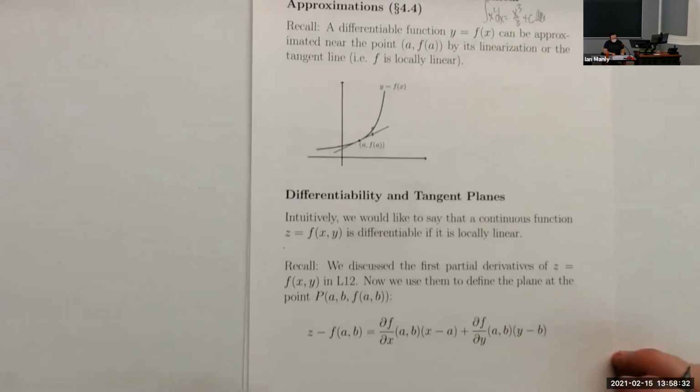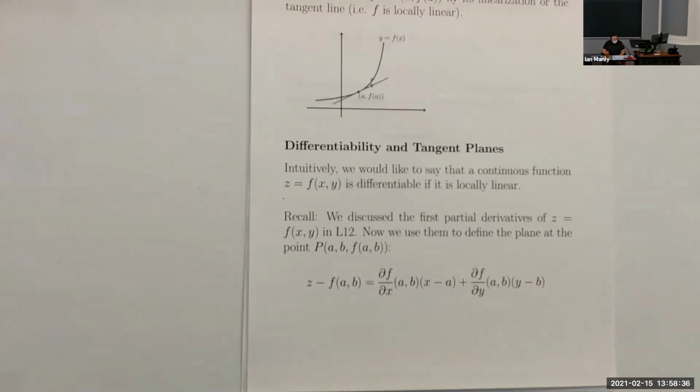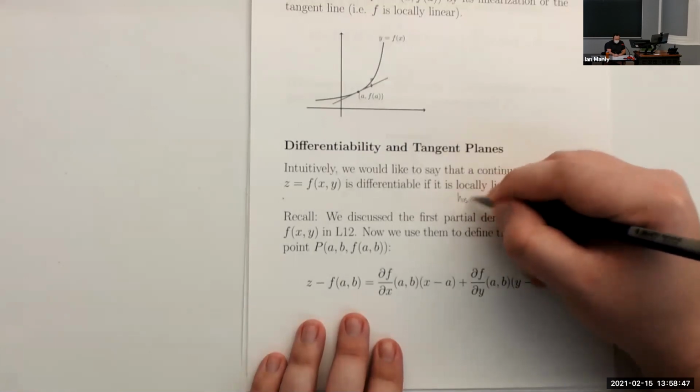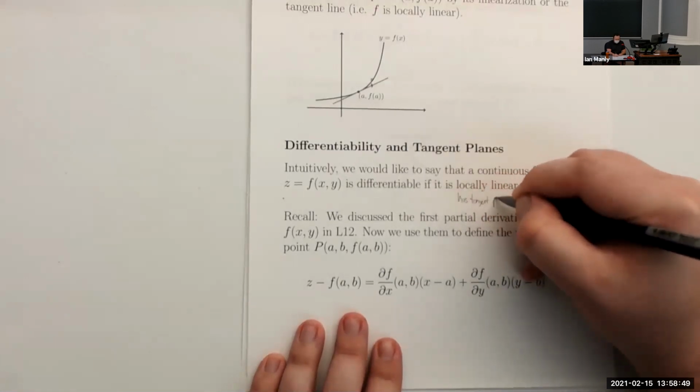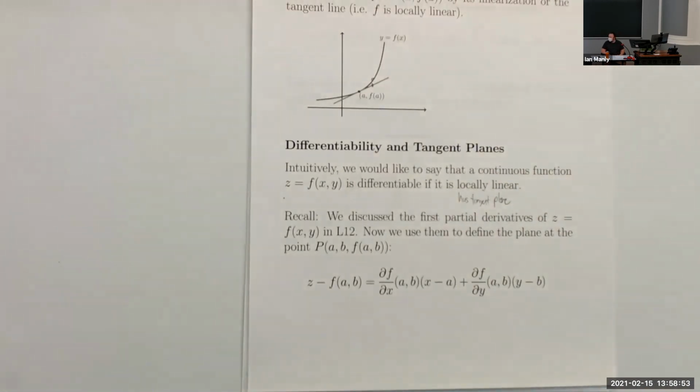All right, let's start off by talking about differentiability and tangent planes. We would like to say that a continuous function is differentiable if it's locally linear. Locally linear in our case means it has a tangent plane. So if we're able to make a tangent plane to a function somewhere, then we say it's differentiable.